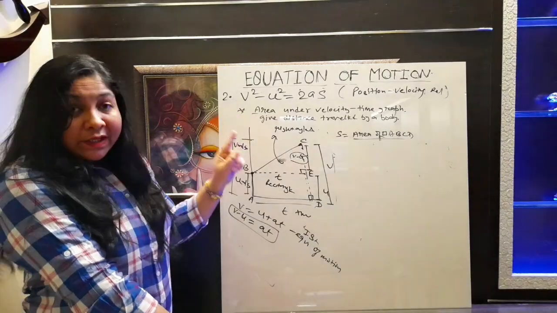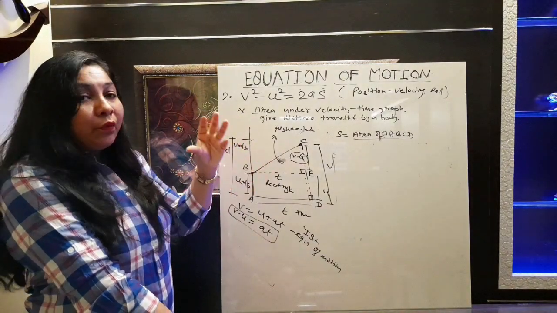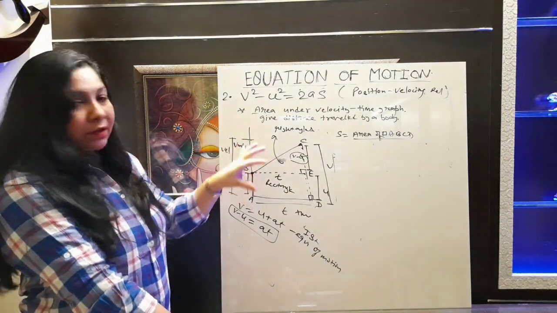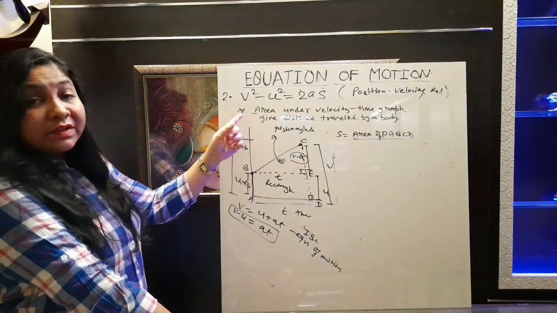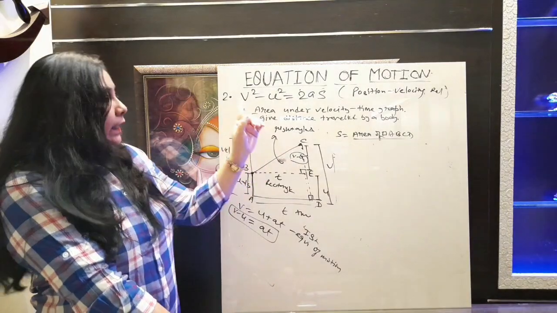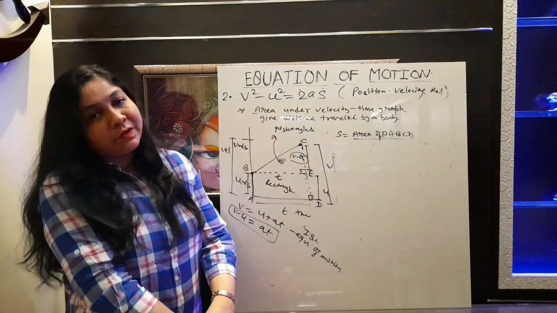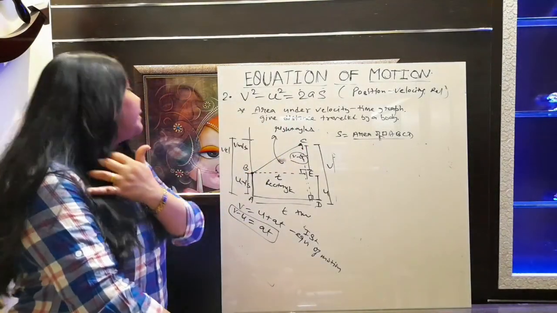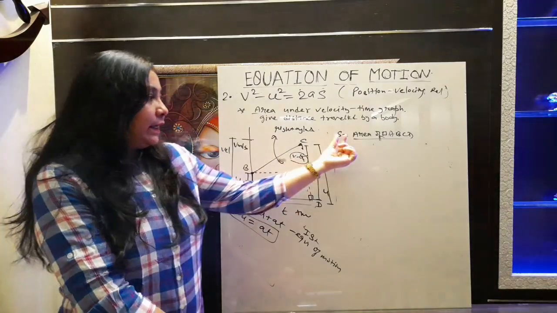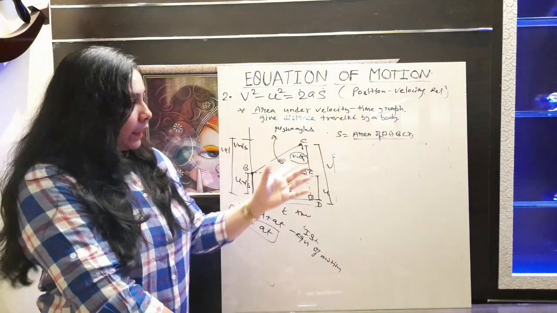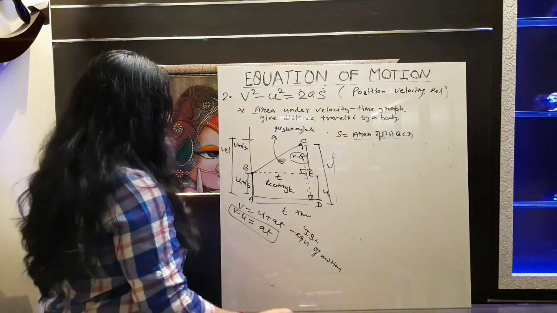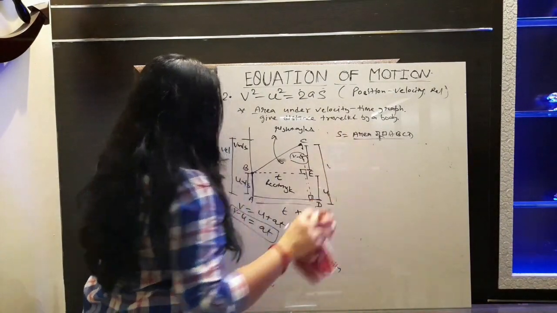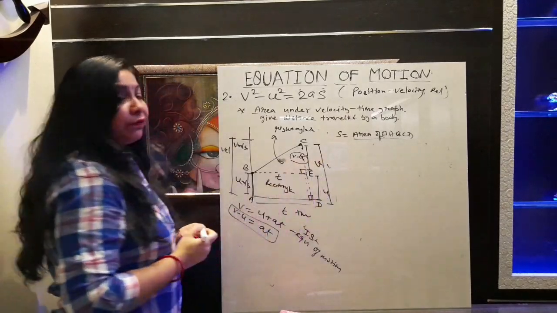Now, what is the statement that we need to use to find S from this particular graph? Because there is velocity, time and acceleration only. So we will use this statement: area under velocity time graph gives distance traveled by a body. As we are using the same graph, obviously here also S is equal to area of ABCD only, right? Only we need to use it in a different way.